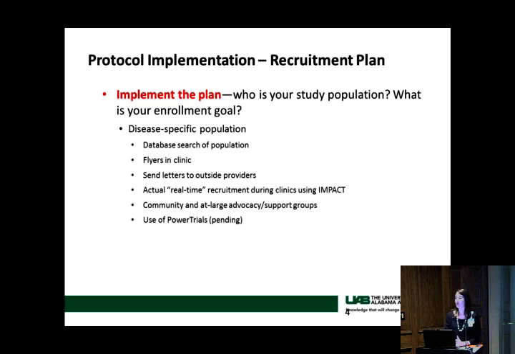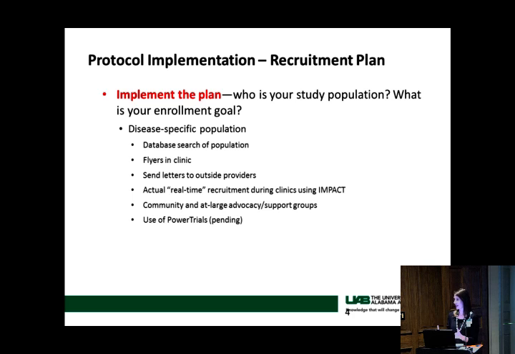Are you going to put flyers in clinics? So to help look for patients, to remind your doctors, for patients who are actually in clinic, for them to see that flyer and see if they're interested or they might be a good candidate. You may want to send letters to outside providers to try to get them to help recruit. You also want to make sure you can even do real-time recruitment during clinics.